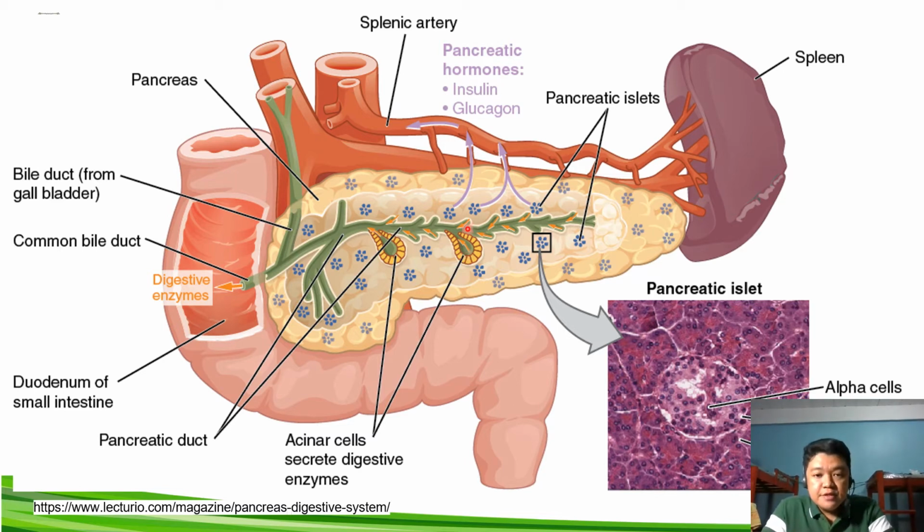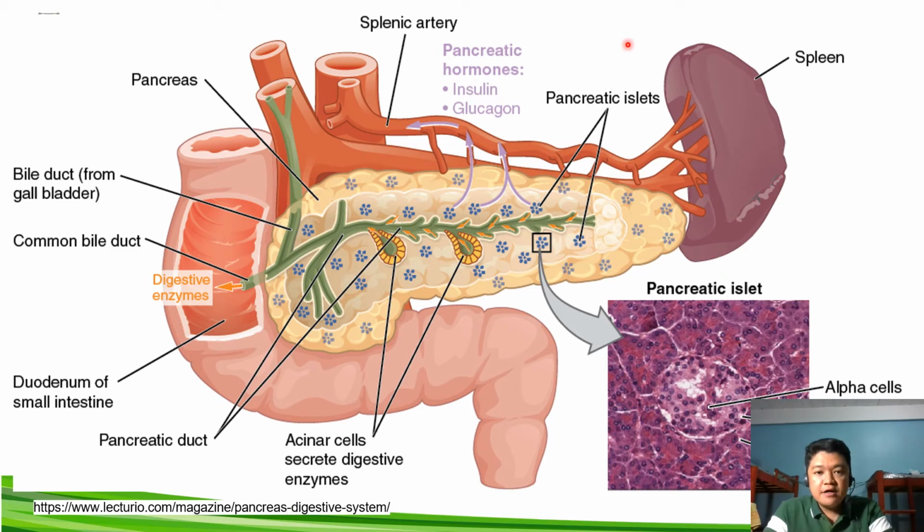Because the acinar cells produce the digestive enzymes, these are drained into the pancreatic duct, which is also known as the major pancreatic duct of the pancreas.